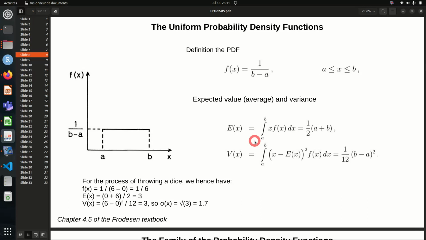And for those of you who know how to perform these mathematical operations, I invite you to do the exercise. It's pretty simple here, and you will see that the mean value and the variance have these values. In the case of throwing a dice, then the range is from 0 to 6, which means that the mean value is 3, while the standard deviation is about 1.7.